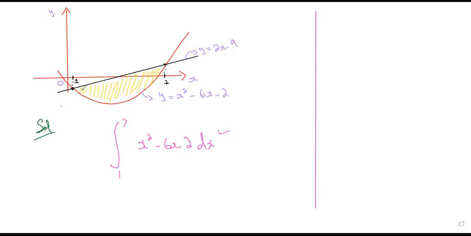You would get this region. Let's say we use this limit instead of 7, and we can easily find this value by plugging in y equals 0. So let's say this was a.